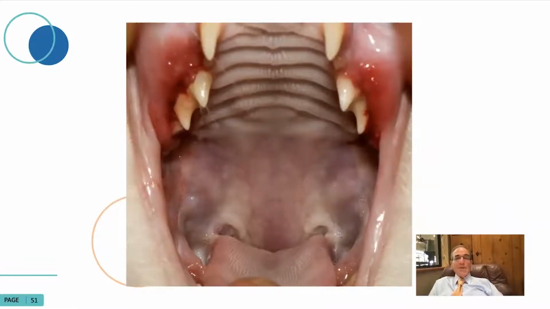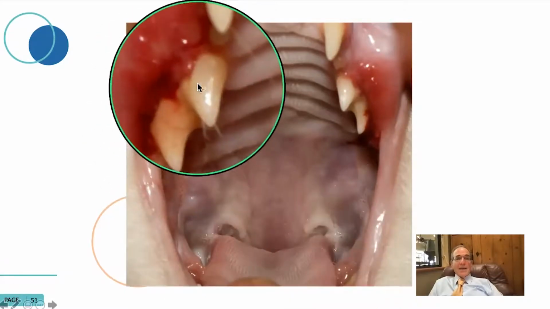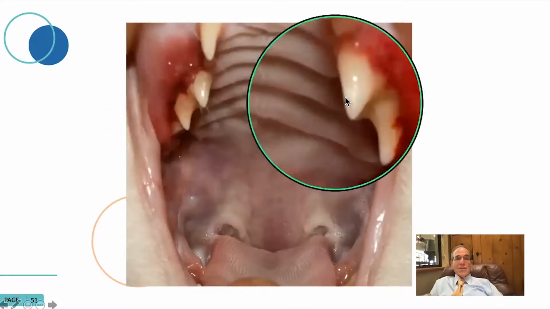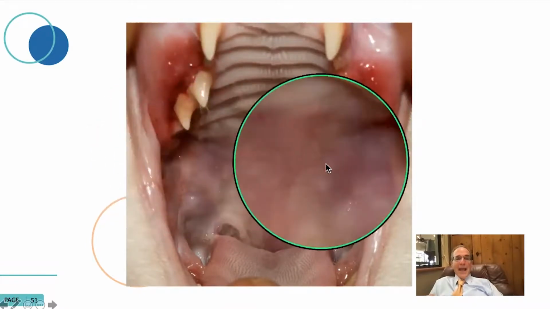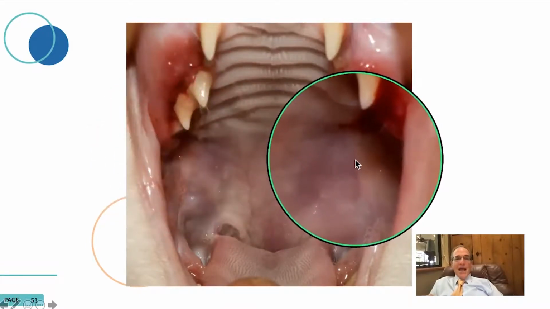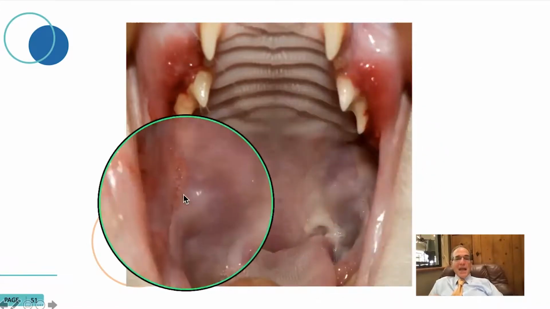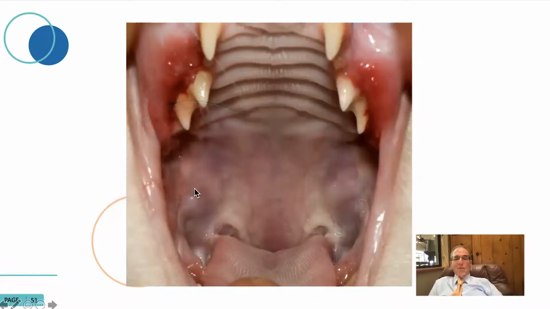Sometimes you have this significant inflammation which would necessitate extraction, but you don't have the caudal oral cavity inflammation. And in those cases, when we see that, we can render a much better prognosis of a cure.